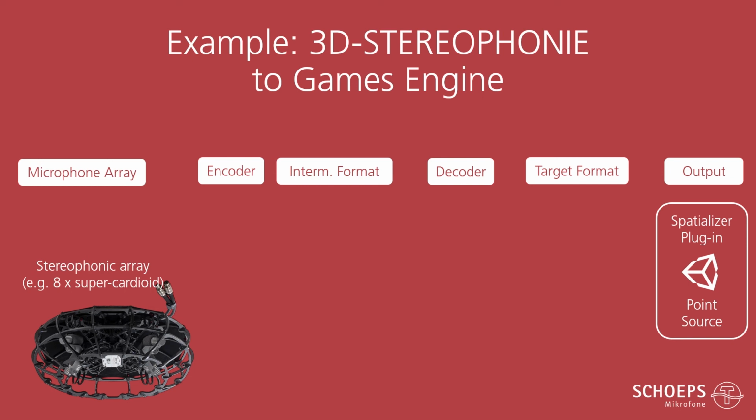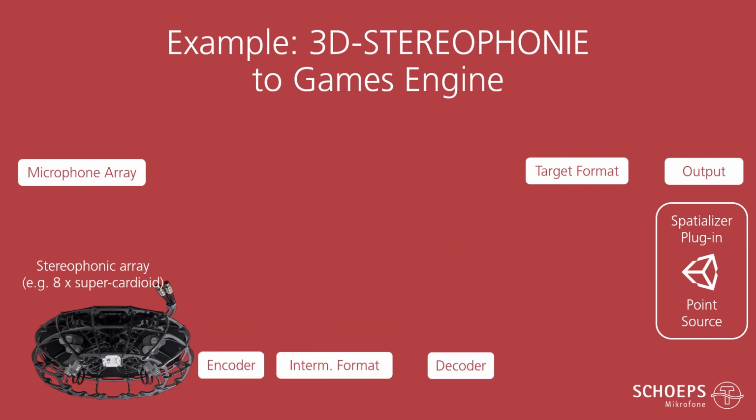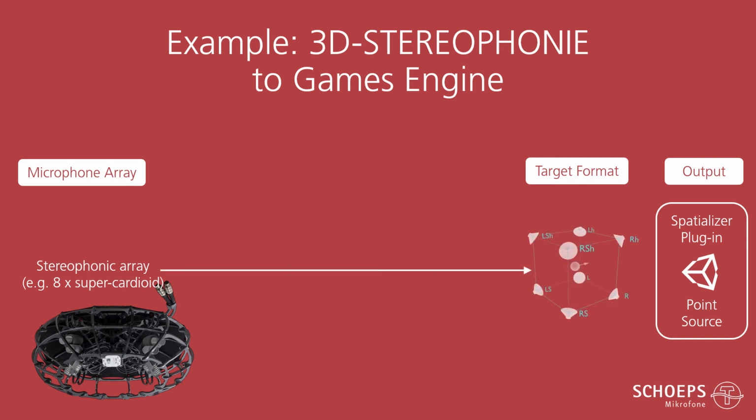So we have here the SCHOEPS RTF 3D, which consists of 8 supercardioid microphones. Those can also go into a Spatializer plugin, but there you don't need any encoding or decoding into Ambisonics. You can directly put them onto the virtual speakers.